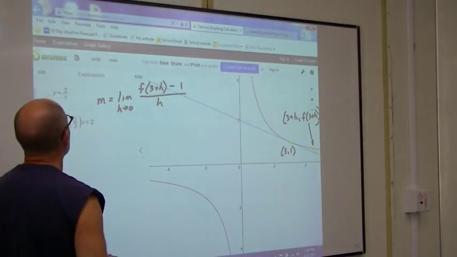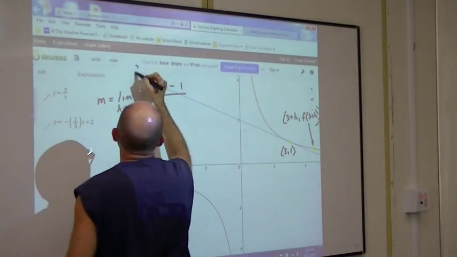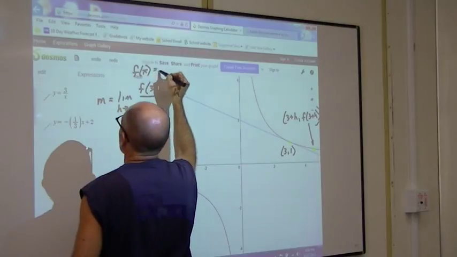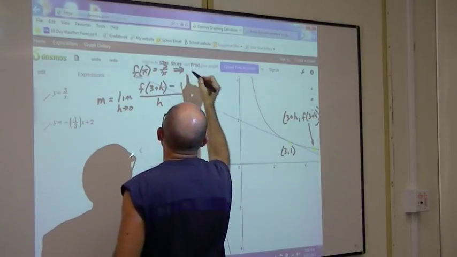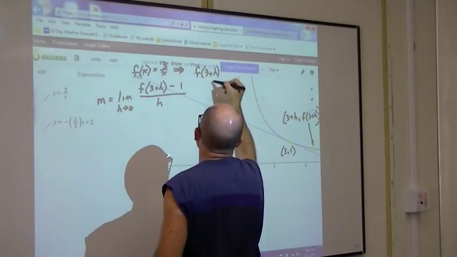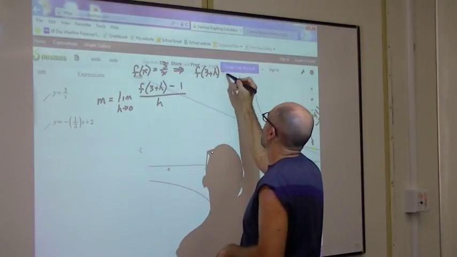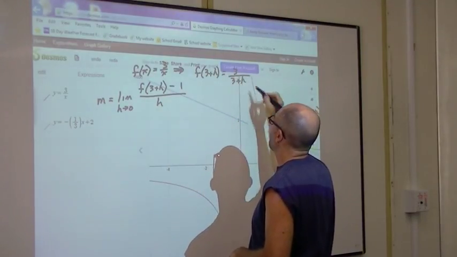All right, now, if f of x originally is 3 over x, then f of 3 plus h is going to equal 3 over 3 plus h.